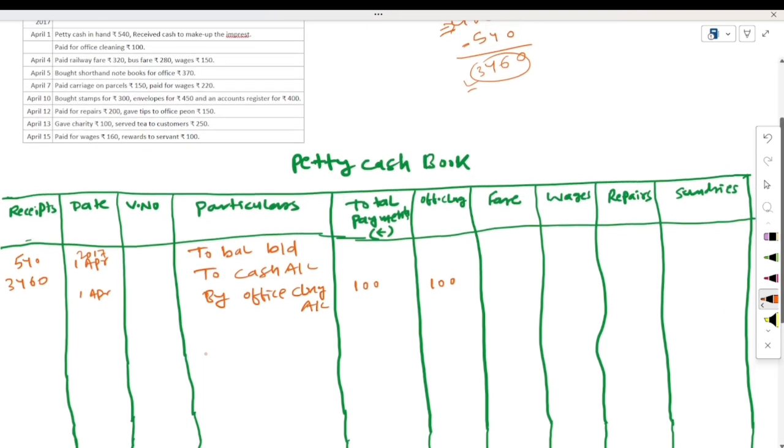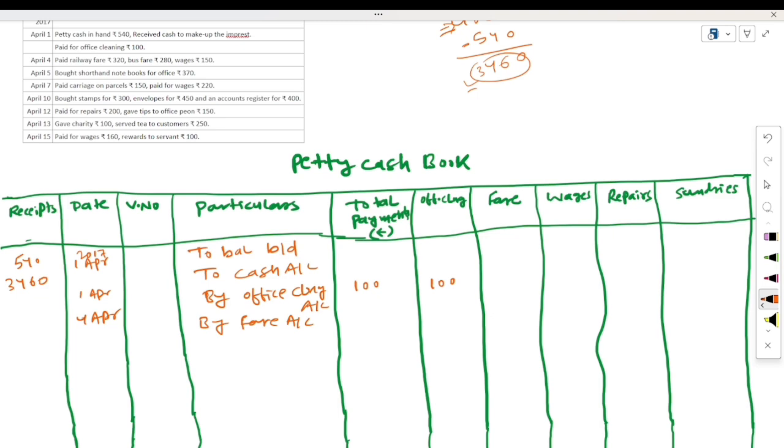Next payment: on 4th April, paid railway fare 320, bus fare 280, wages 150. On 4th April we make the payment under the name of fare, because we have not made separate columns for bus fare and railway fare. We have made one column for fare.